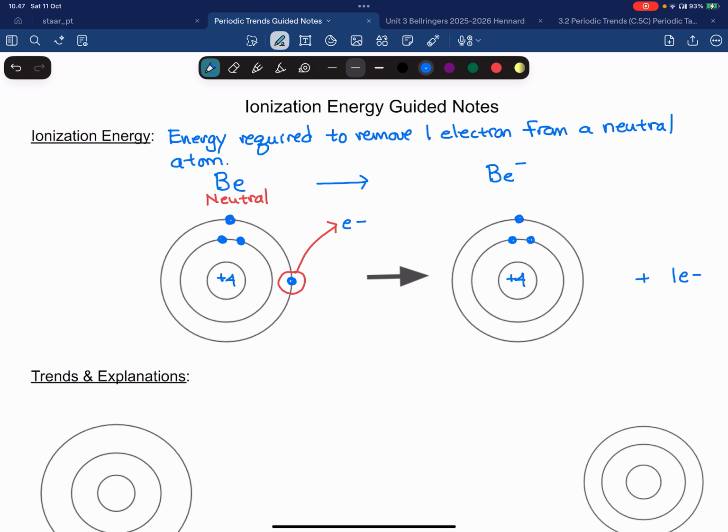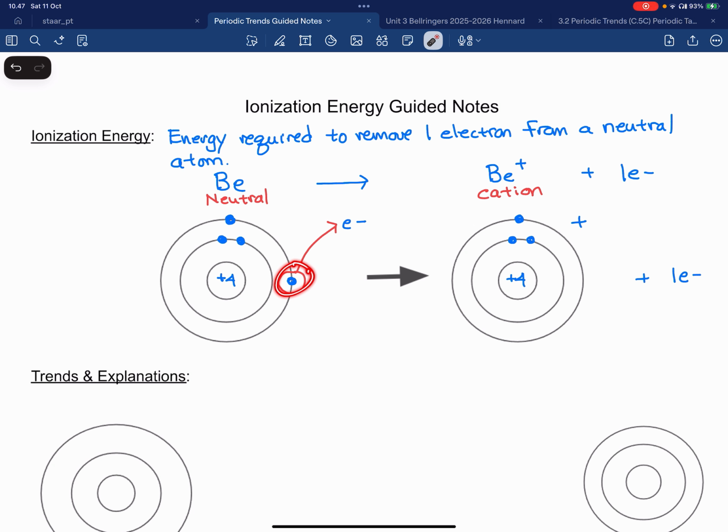Beryllium is instead a positive charge or a cation. So beryllium has a positive charge, and that 1 electron has been lost. The energy required to do that, or if you want to think of it this way, the pull that's required to pull that electron away, that is ionization energy.